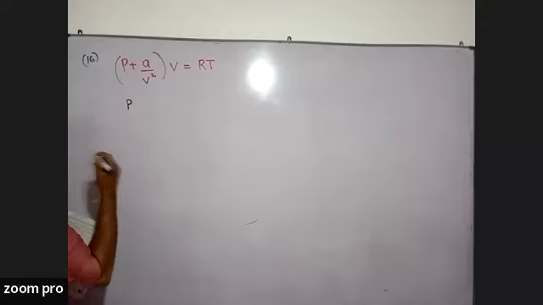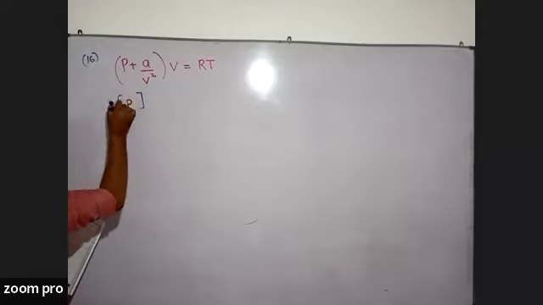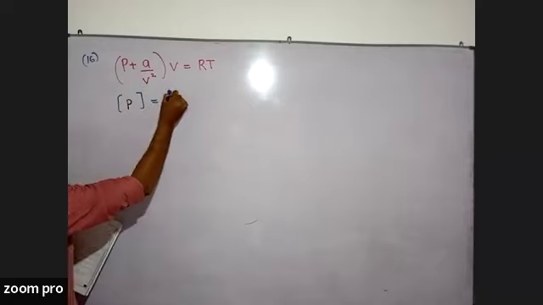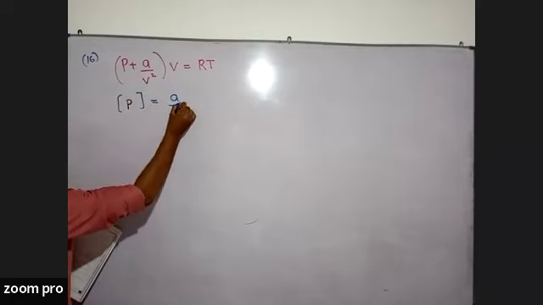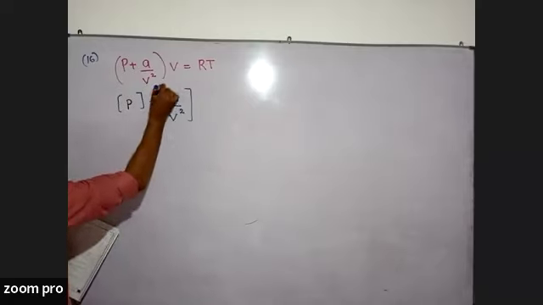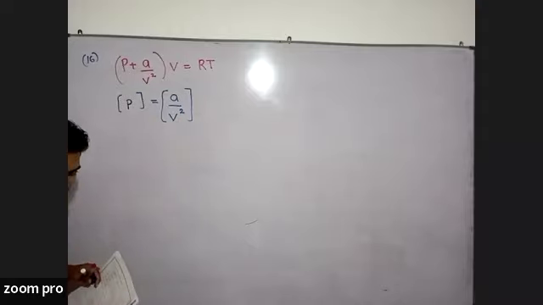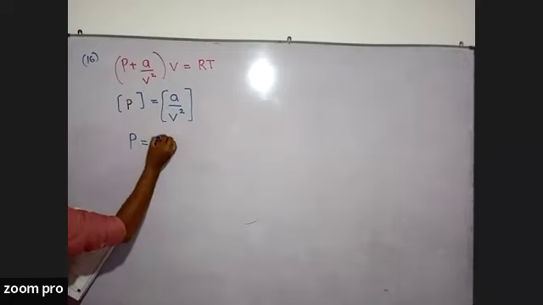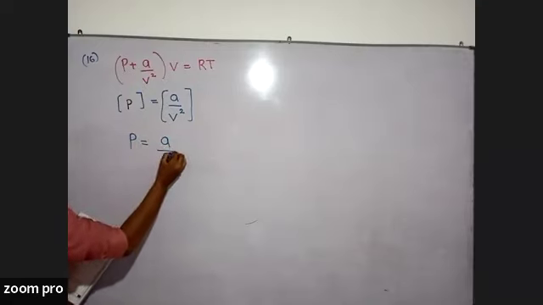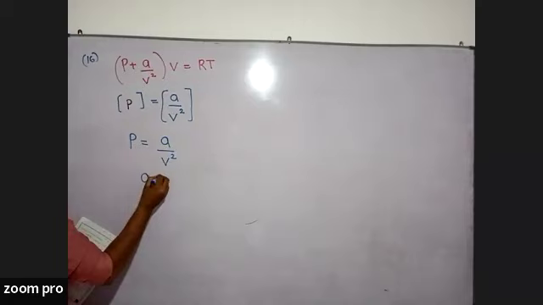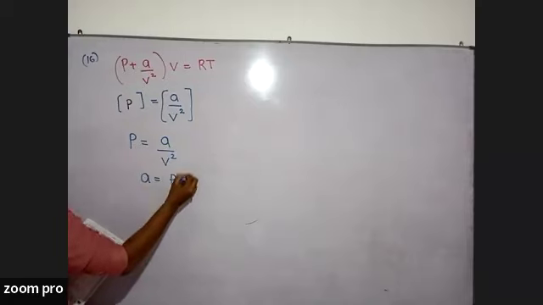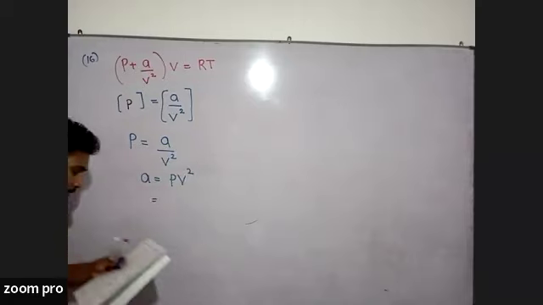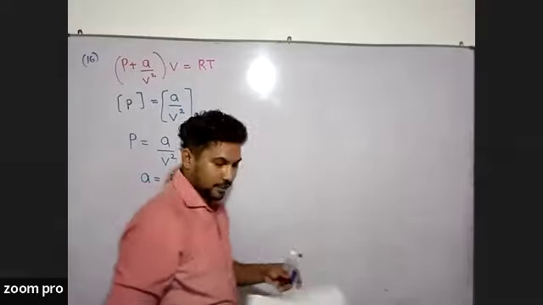According to the theory, the dimensions of P should be equal to the dimensions of A over B squared. Then if I make A the subject, I can obtain that A equals P B squared.